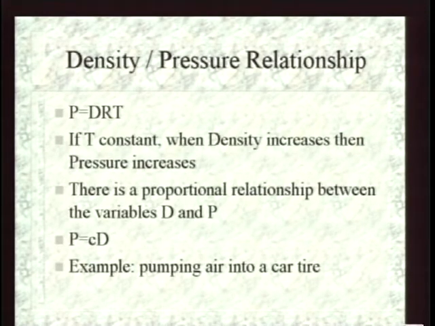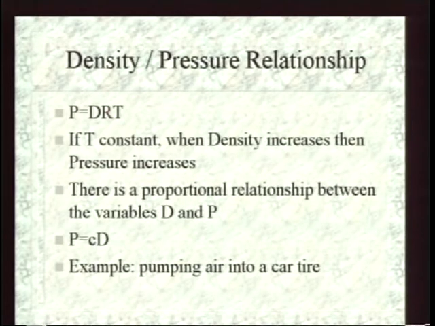Next, we'll look at the density-pressure relationship. We can write the equation of state now. We took the volume and mass terms and combined them to produce a density. So we have pressure is equal to density times the gas constant times the temperature now.